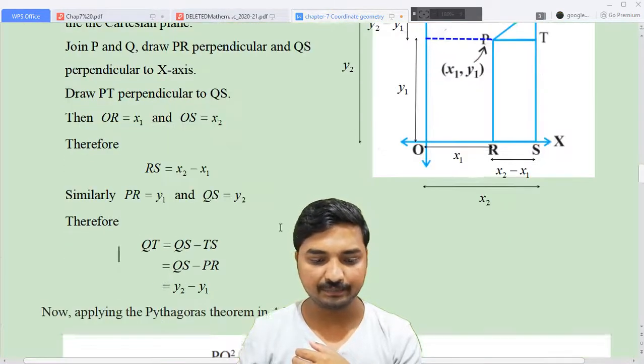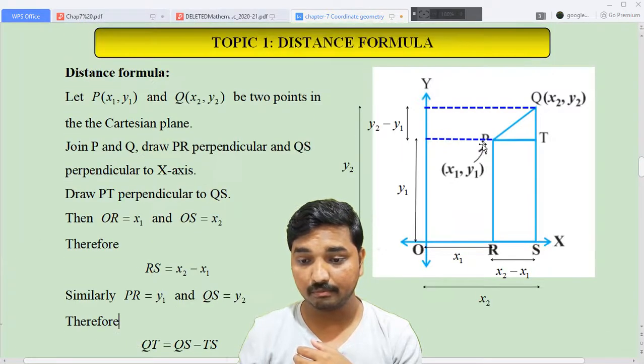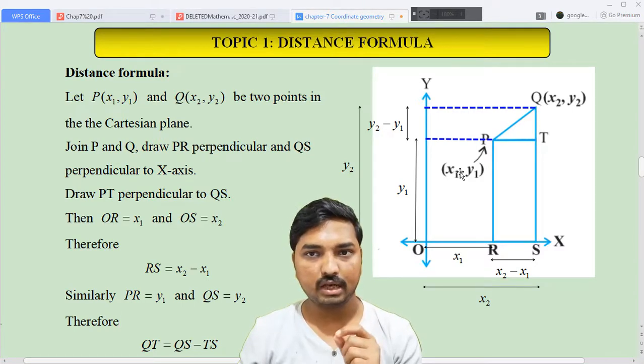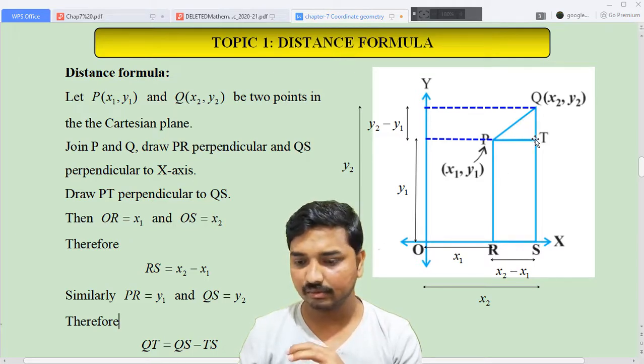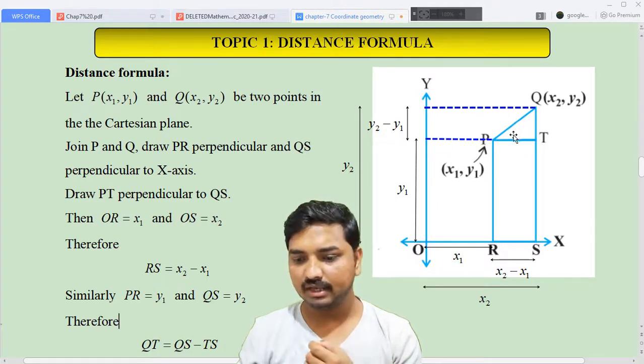Now apply the Pythagoras theorem in triangle PTQ. PTQ is a right angle triangle. Here the hypotenuse is PQ, because the angle opposite to the 90 degrees is the hypotenuse.